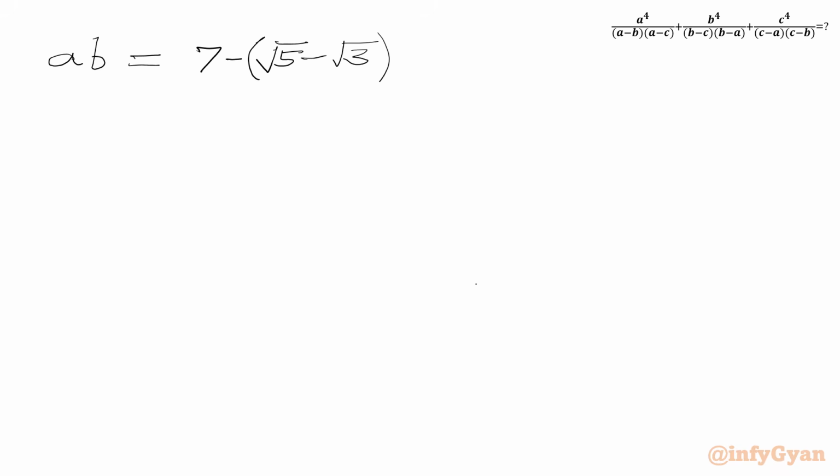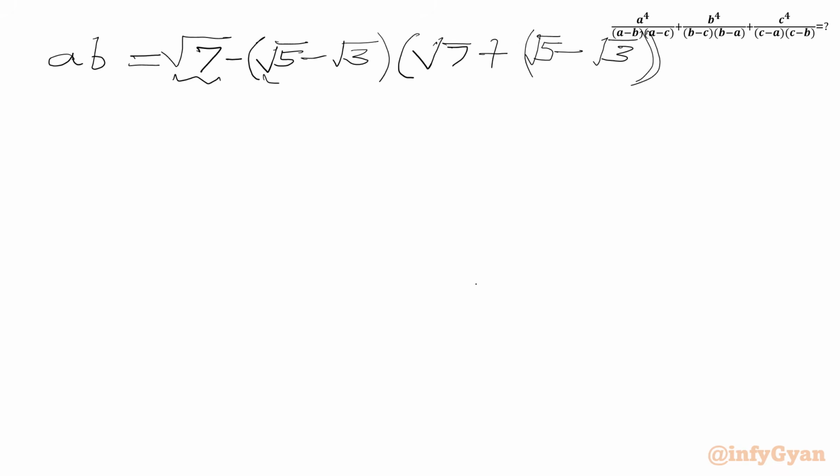Then we'll be writing the B value, which will be equal to square root 7 plus square root 5 minus square root 3, so that we can apply the difference of two squares formula.